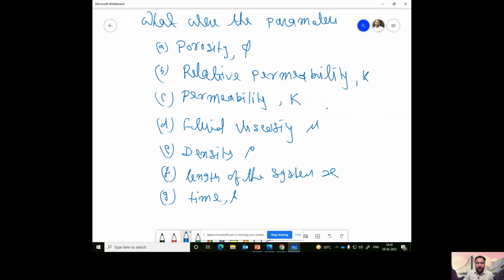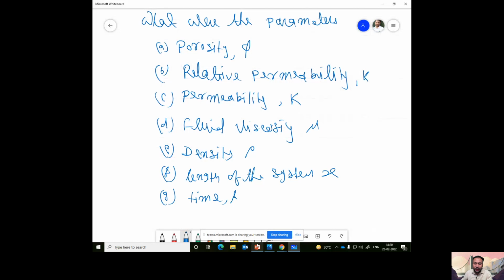How many parameters? 1, 2, 3, 4, 5, 6, 7. Total 7 parameters we have considered: porosity, relative permeability, permeability, fluid viscosity, density, length of the system, and time.